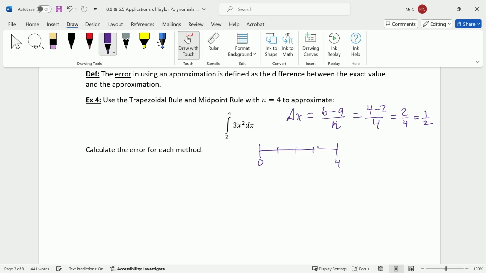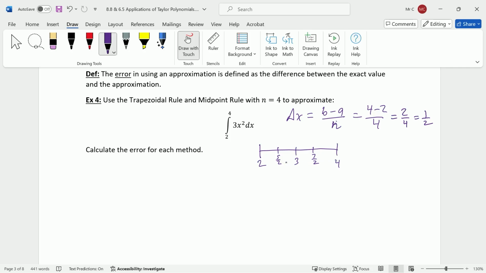And so generally speaking, you don't even have to use the formula if your interval is small and it's broken up into a small number of pieces. I'm fine with students just drawing out the interval and figuring out where the pieces are. But if I take this interval, that should be from 2 to 4, not 0 to 4, and break it into 4 pieces. The middle will be 3, and then in between 2 and 3 is going to be 5 halves, and this will be 7 halves.